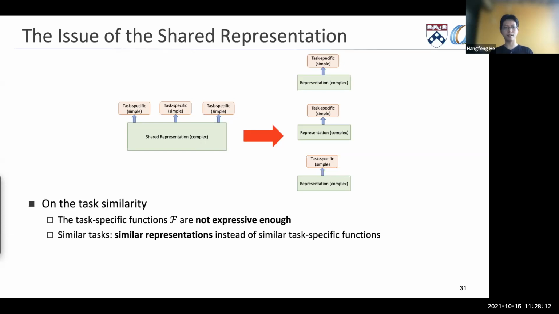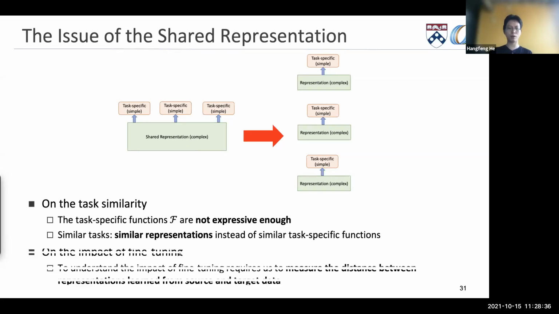For instance, it makes it harder to measure the task similarity, because we already assume the same representation for all tasks. Then we can only use task-specific functions to measure the task similarity. However, task-specific functions are not expressive enough and are quite simple in general. Another problem is from fine-tuning. If we assume the same representation for all tasks, then there's no need for fine-tuning.